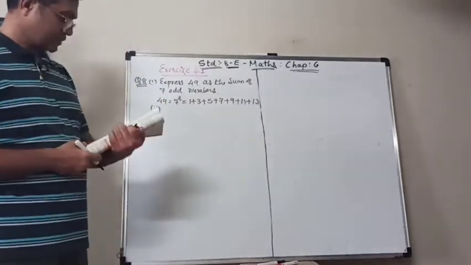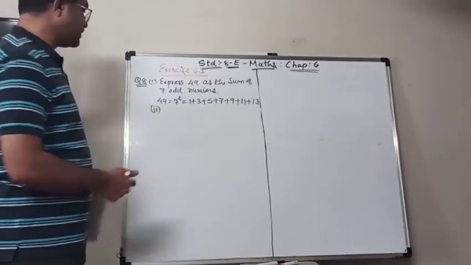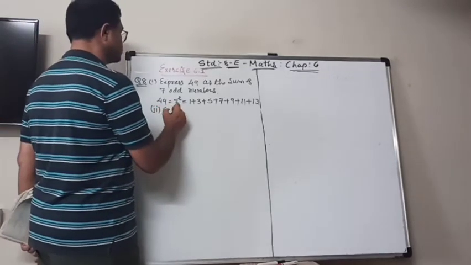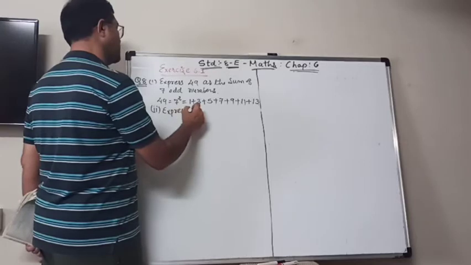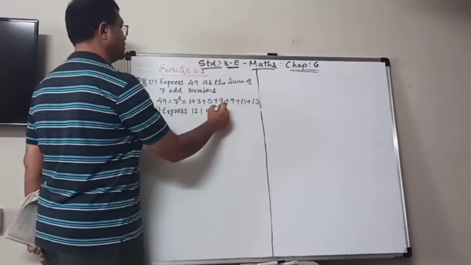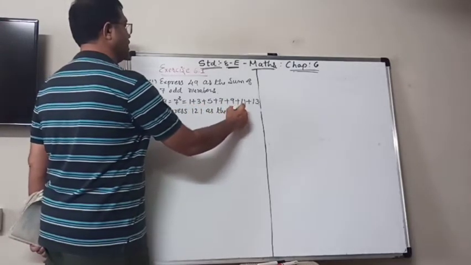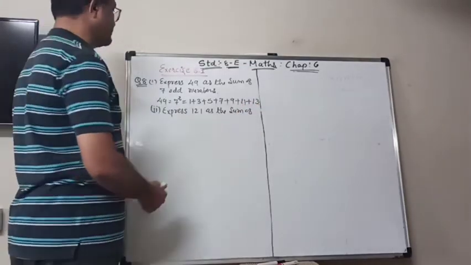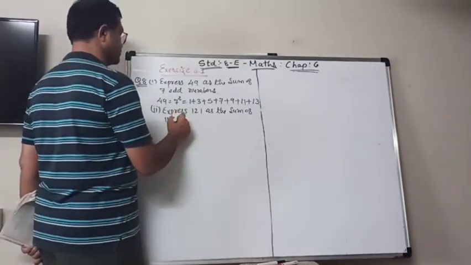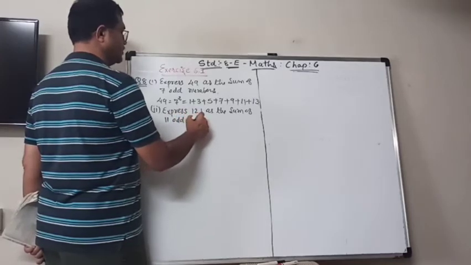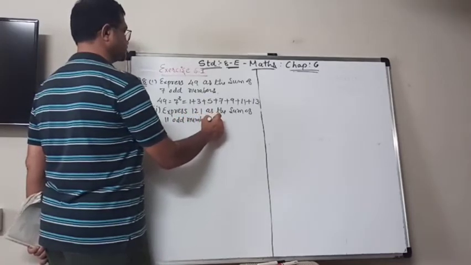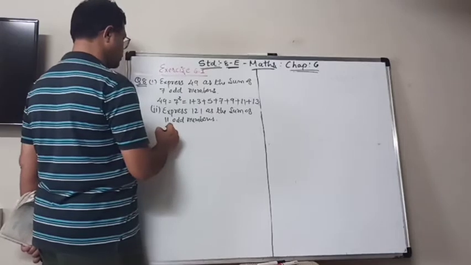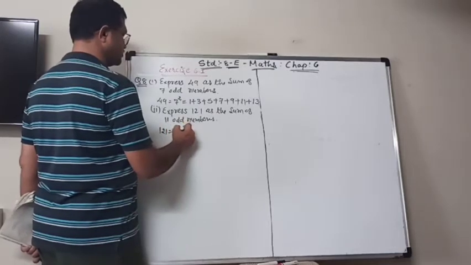Secondly, express 121 as the sum of 11 odd numbers. So 121 is 11 square, we know that.